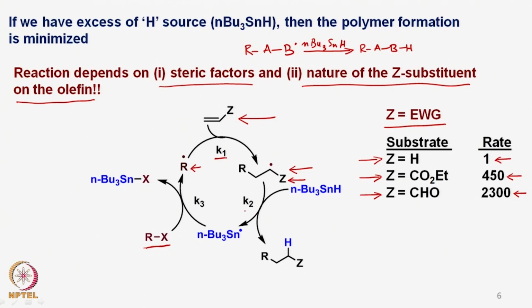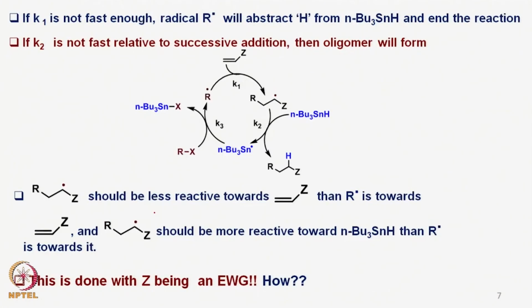Then K2 is the one in which the tributyltin hydride interacts and releases the end product like this, where hydrogen is attached to the carbon where there was a radical alpha to the Z group, and of course then you release the tributyltin radical and then that reaction continues.